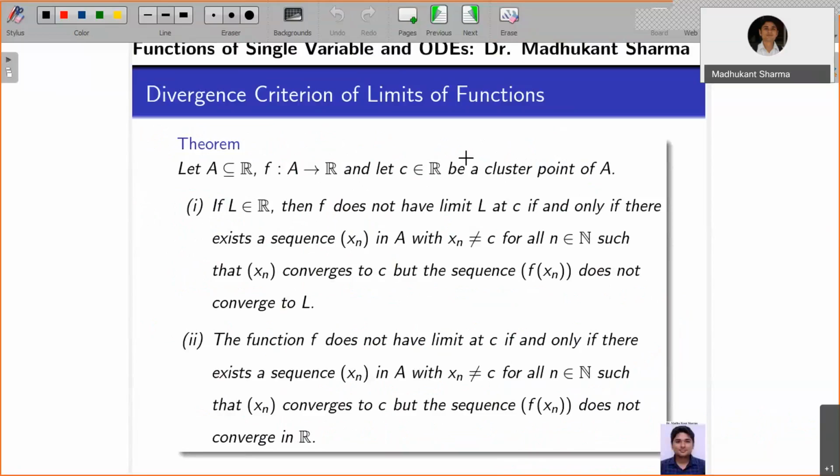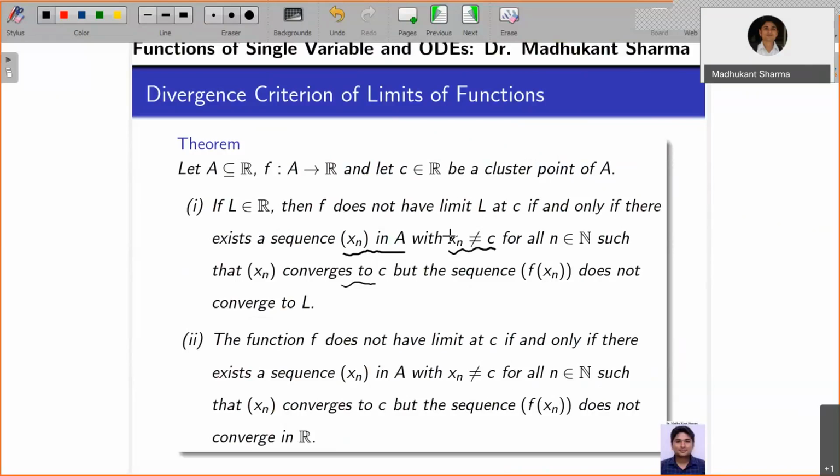If L belongs to R, then f does not have limit L at C if and only if you are able to identify a sequence xn in A, where each xn is distinct from C, and xn converges to C, but the sequence of its images f of xn does not converge to L. If you are able to satisfy this condition, then you can guarantee that f does not have limit L. Maybe some other limit, but if f of xn does not converge to L, then it certainly does not have limit L.